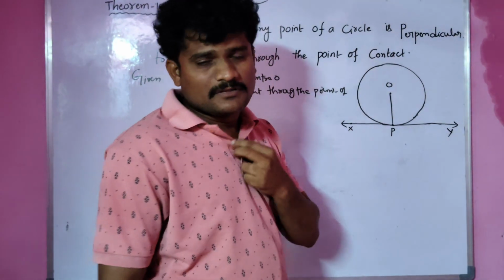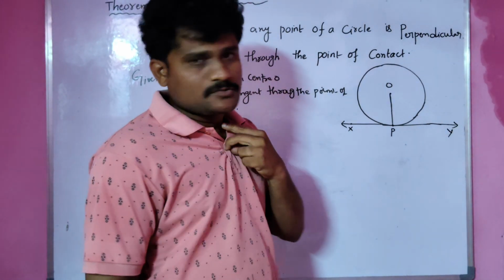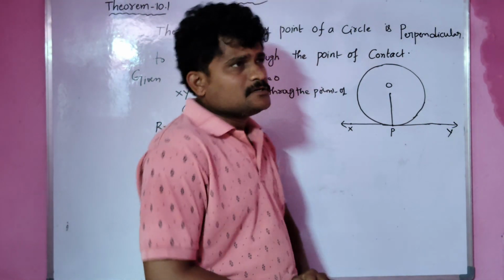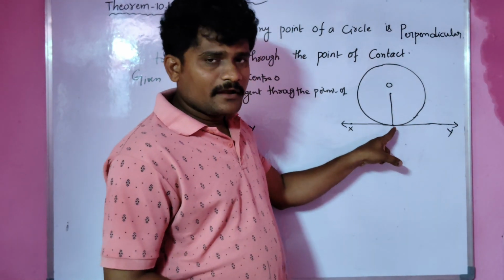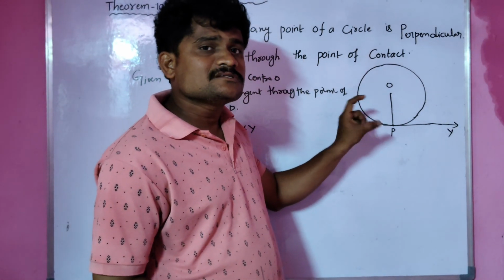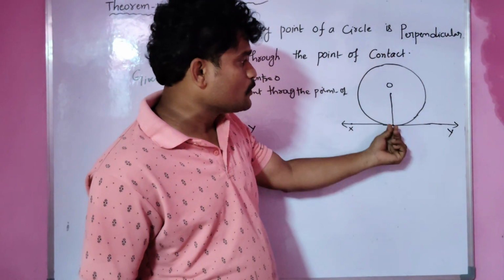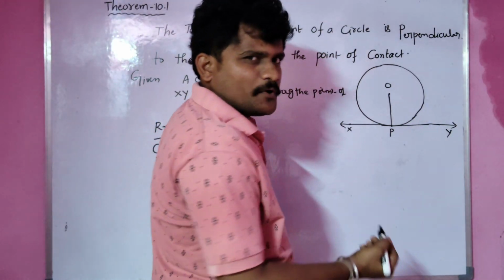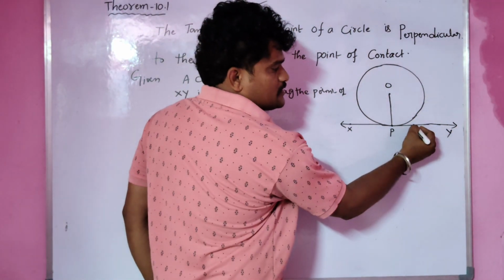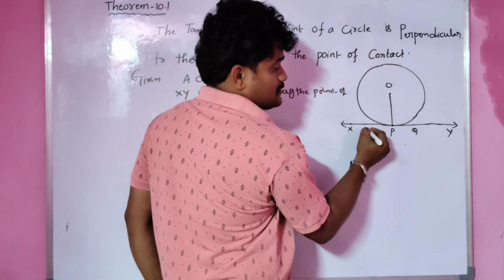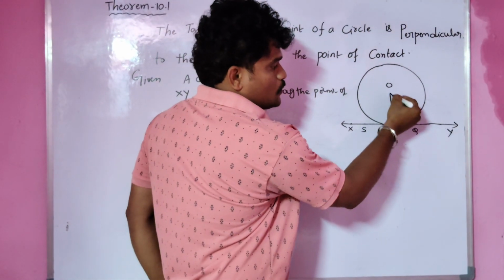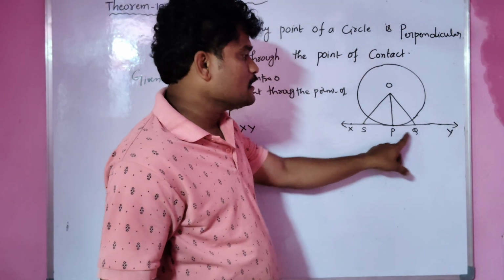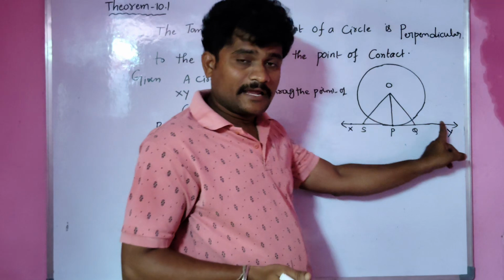Actually, the proof is very simple. When we need to prove OP is perpendicular to XY, we need to prove that OP, which is a radius, is the shortest distance from the center to the points on the tangent. That means if you take different points on the tangent, I'll take one point Q here, another point S. I'll join OQ and OS. S, P and Q are different points on the tangent.